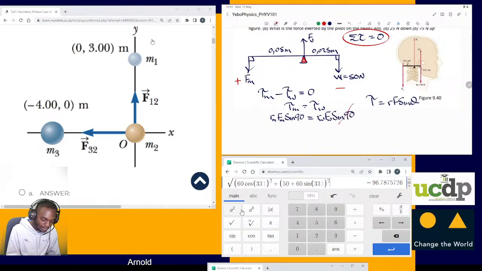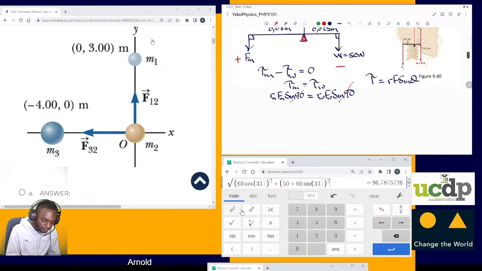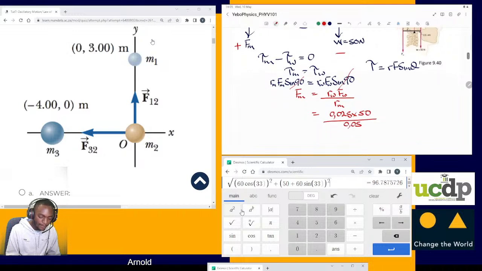Sine 90 is 1. And we're looking for Fm, which is Rweight Fweight over Rm. So that will be equal to 0.025 times 50 all over Rm, which is 0.05.